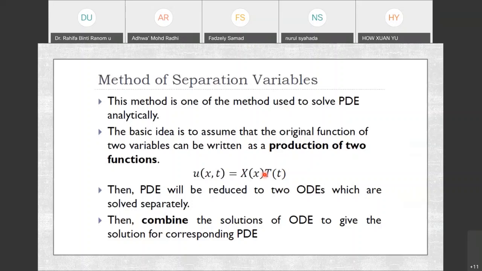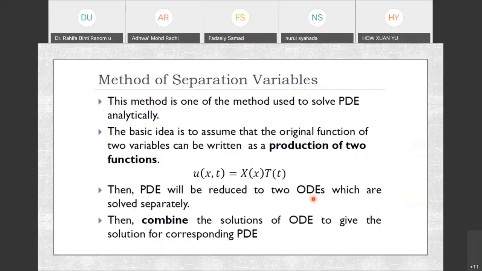Once we have this assumption, we apply it into the PDE. Then the PDE will be reduced to two ordinary differential equations. Once reduced to two ordinary differential equations, how are we going to treat the ODEs? We apply the methods that you have learned in the ODE chapters.